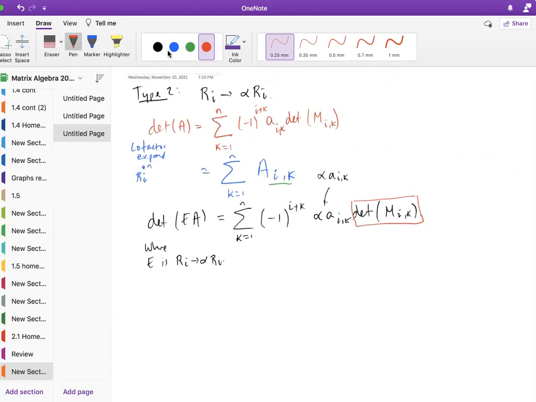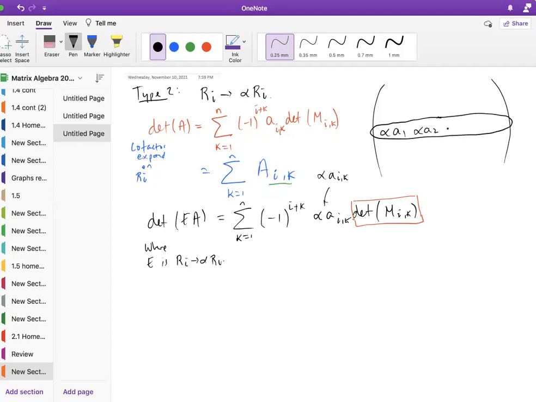I have this big matrix and this row: alpha A1, alpha A2, alpha AN. Why are these terms the same? Someone remind me what the big M means? It's deleted, right?